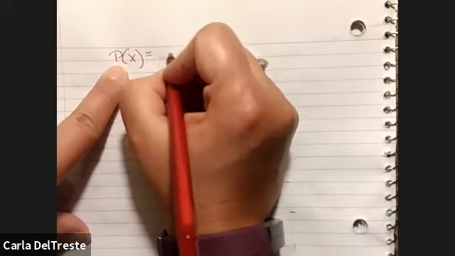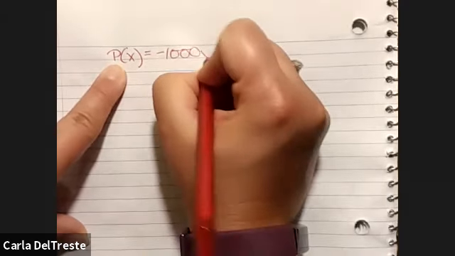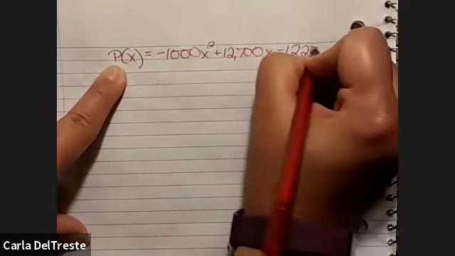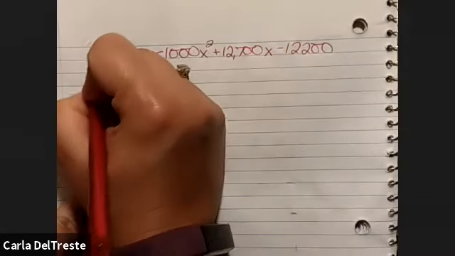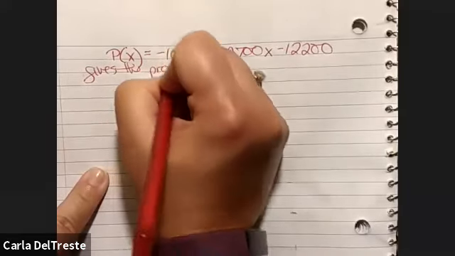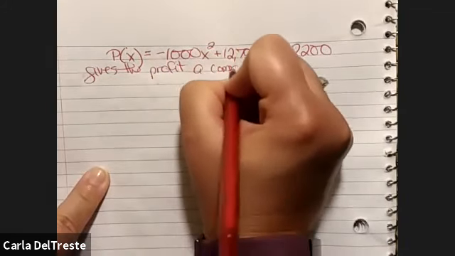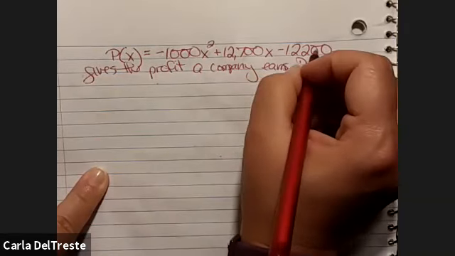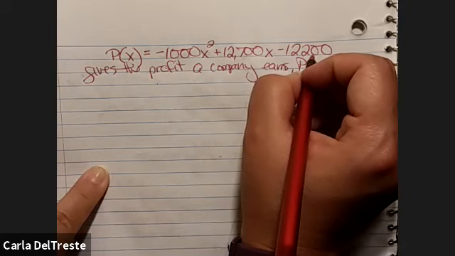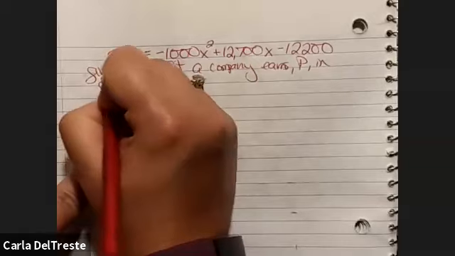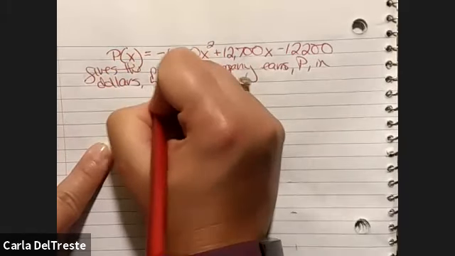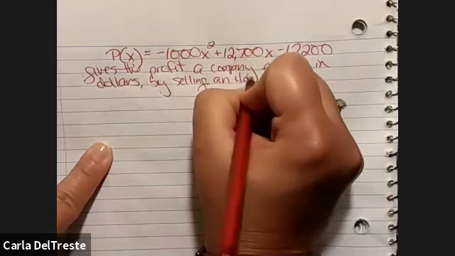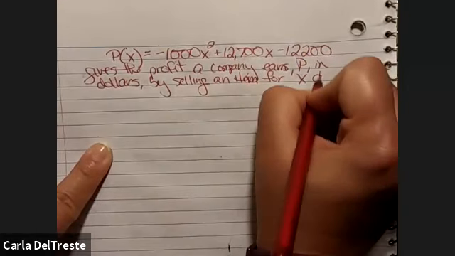So the function p of x equals negative 1,000 x squared plus 12,700 x minus 12,200, okay, gives the profit P, in dollars, a company earns by selling an item for X dollars.